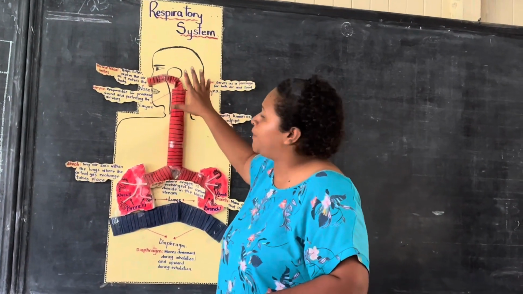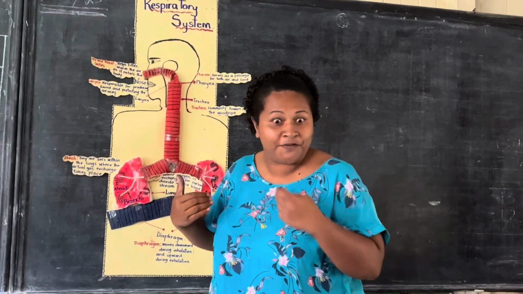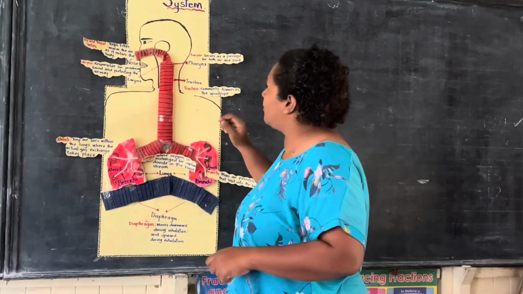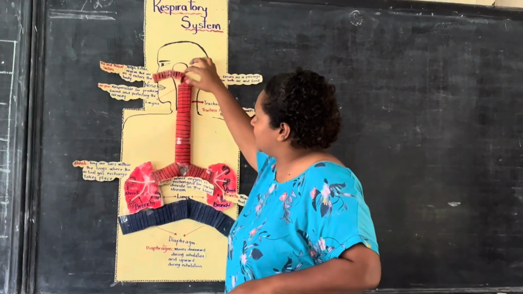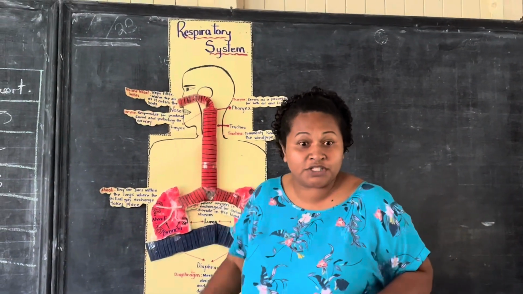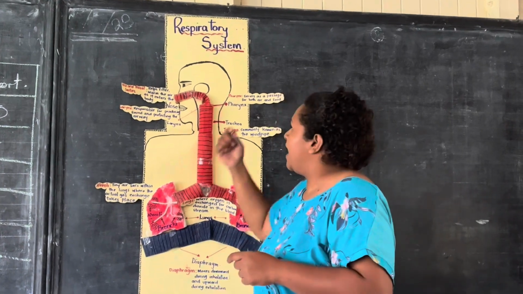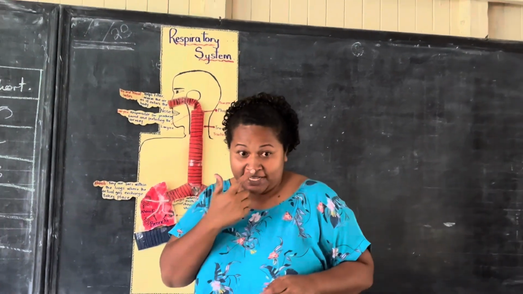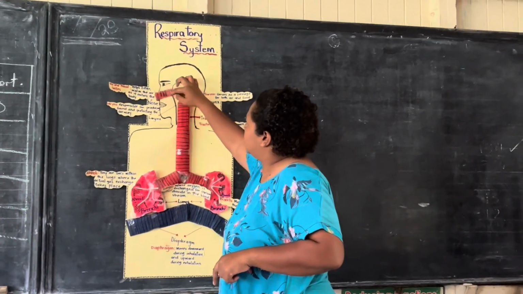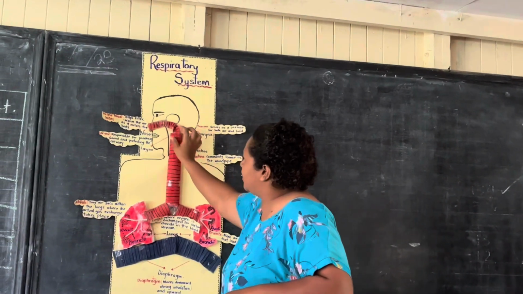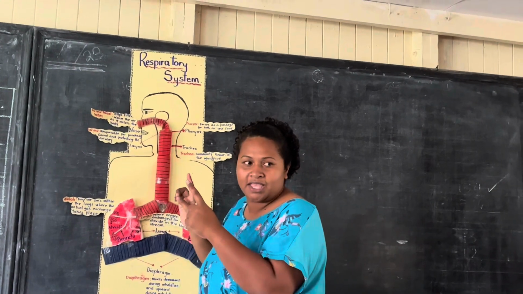It is a very important system in our body. Why? Because it is where our breathing starts. It starts from the nose. The nose is just what is outside, but what goes inside? The air goes inside, and this is like a pipe.